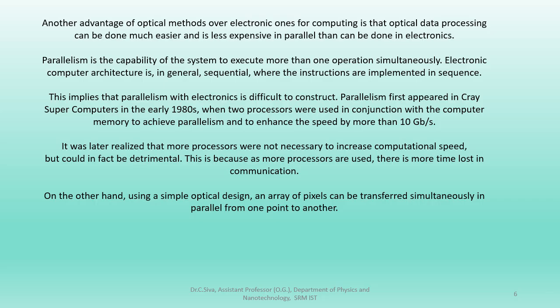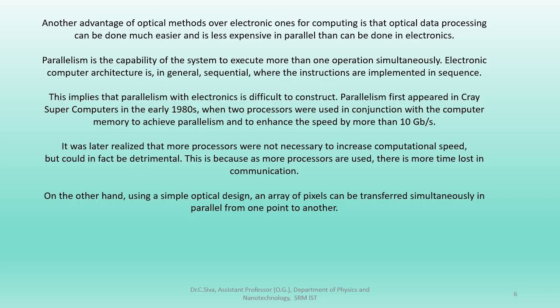Electronic computer architecture is in general sequential, where the instructions are implemented in sequence. Only one by one we give the data and they process it one by one, not in parallel.